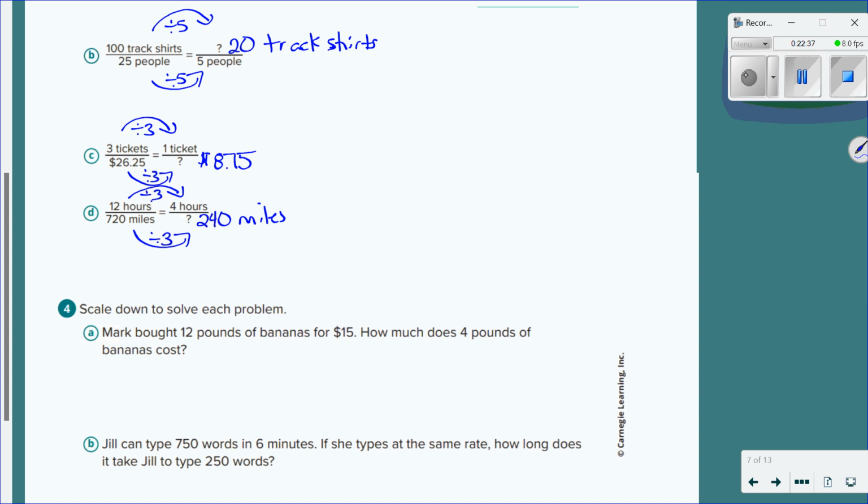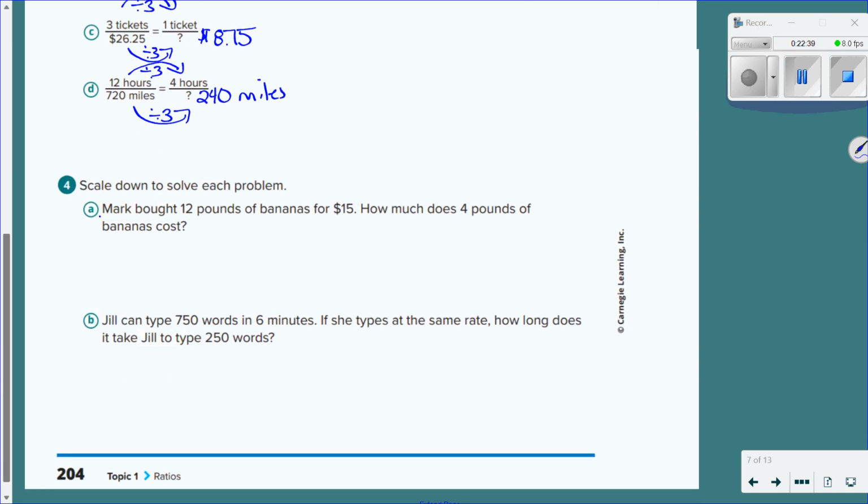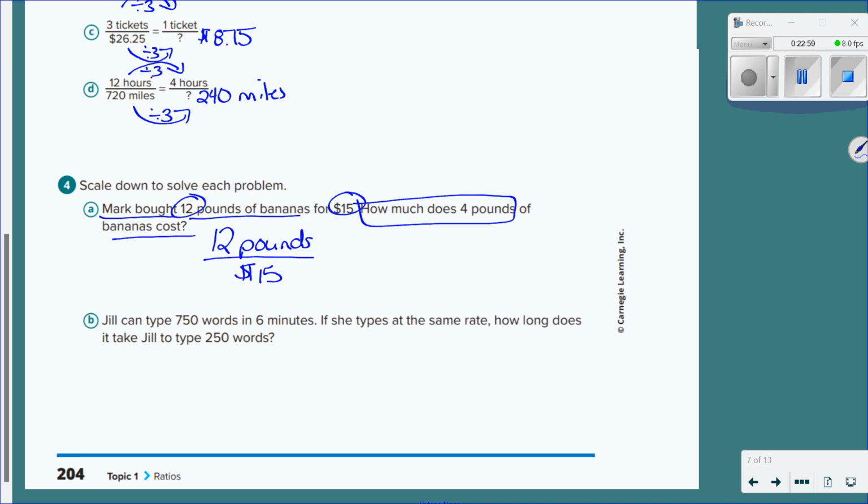All right. Number 4A says Mark bought 12 pounds of bananas for $15. How much does 4 pounds of bananas cost? So what rate are we starting with? 12 pounds for $15. That is our rate. Yes? And what other information did they give us? They want to know how much 4 pounds would be.